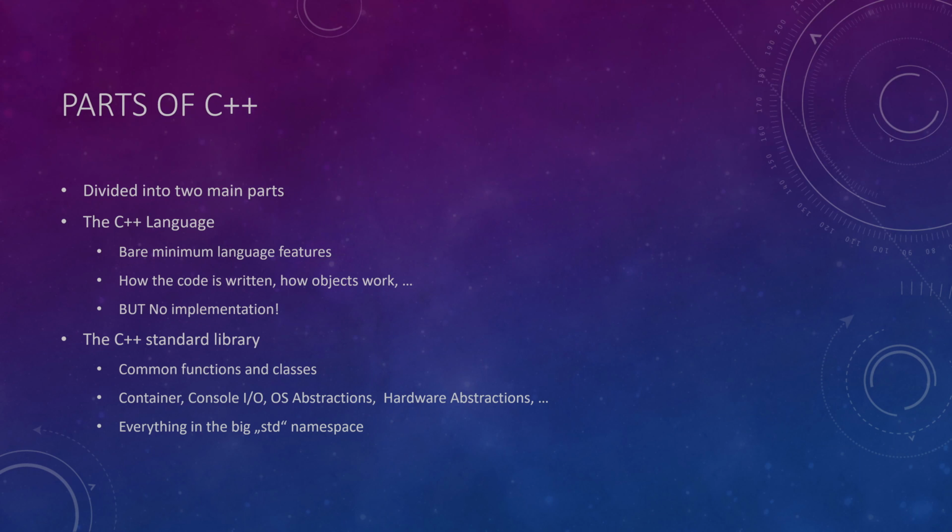There are also container classes where you can store data like dynamic arrays, hash maps, proper string classes, string streams, console I/O, operating system abstractions, for example threads, and hardware abstractions, for example atomic values. It's something you have probably never heard of, but basically the standard library is doing way more than in C. It's not only providing a few basic functions, it's providing containers, operating system abstraction, hardware abstraction, and everything else.